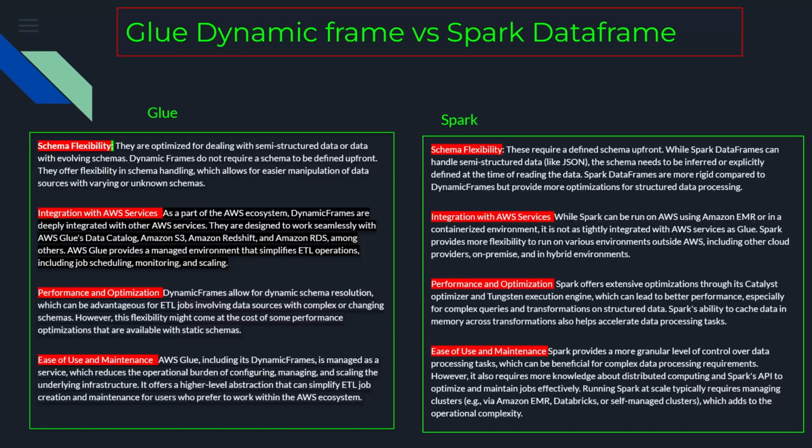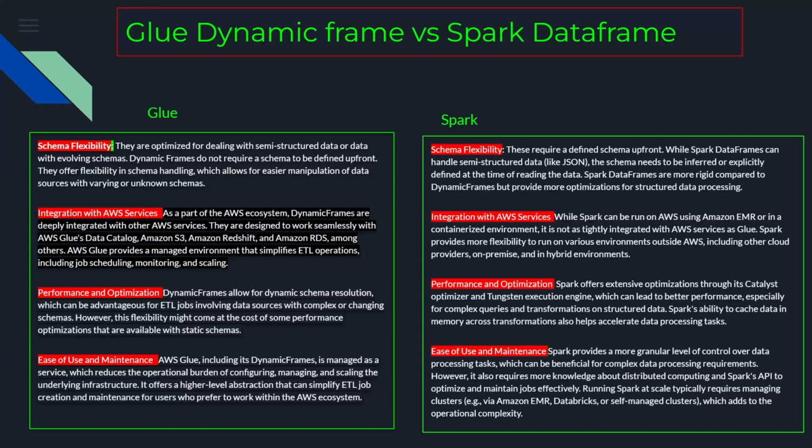But when we come to Spark, it requires a defined schema upfront. While a Spark DataFrame can handle semi-structured data like JSON, the schema needs to be inferred or explicitly defined at the time of reading data.